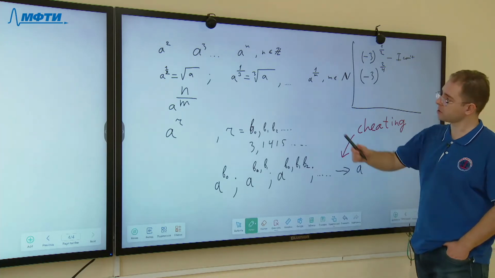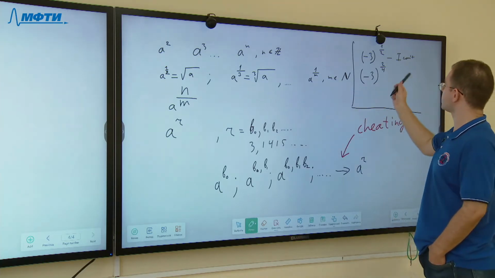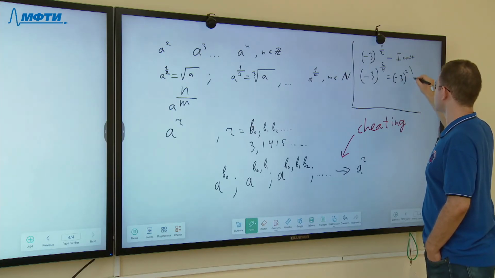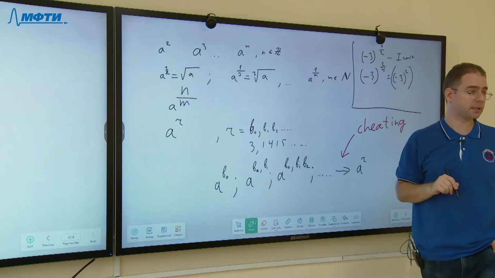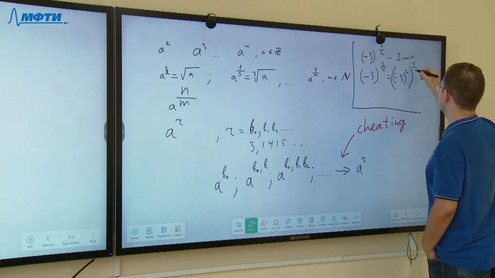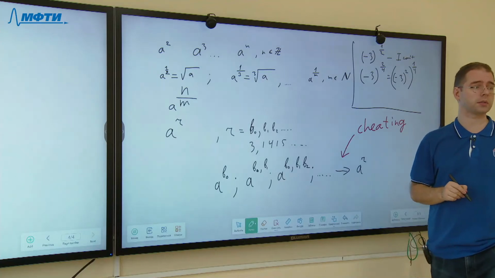By my definition, this means raising -3 to power 2, which I can do. The answer is 9. And then raising this answer to power 1/4, which is also something I can do.